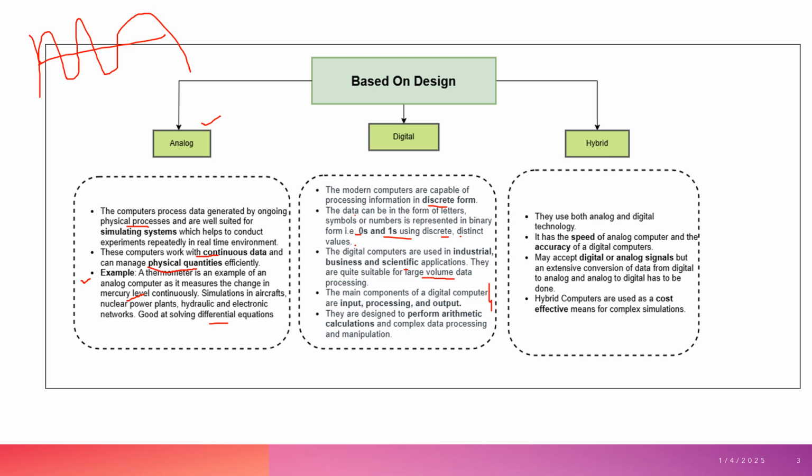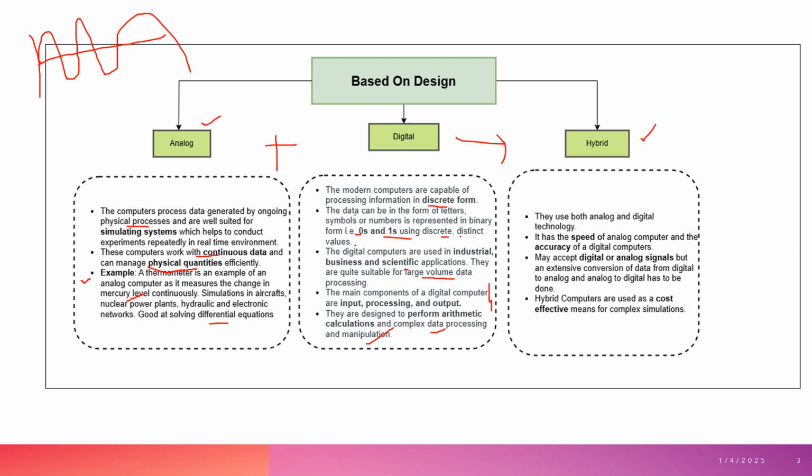While analog computers were good at solving differential equations, digital computers are good at performing arithmetic calculations and complex data processing and manipulation tasks. By this we mean inputting a large amount of data and manipulating it in a way so that we can yield some useful information. The next and final category is that of hybrid computers, which, as the name suggests, use a combination of analog plus digital.